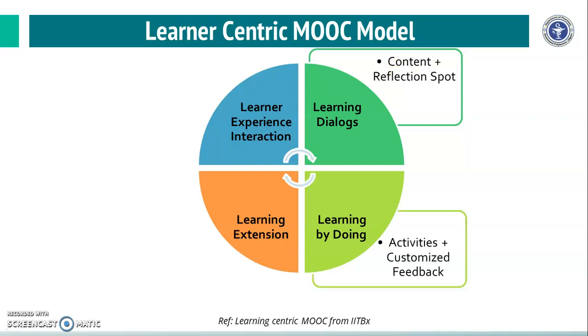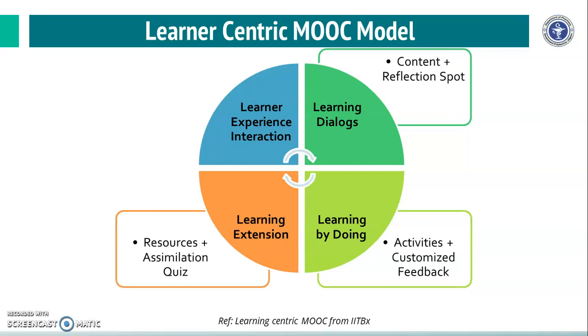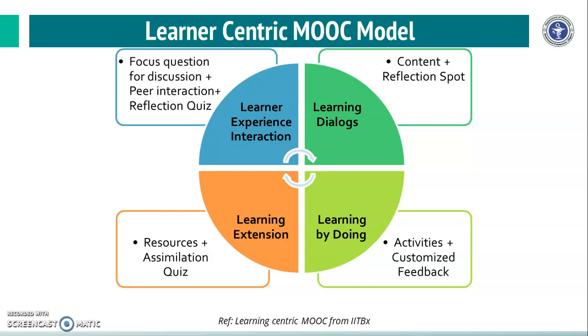Then learning by doing has activities plus customized feedback. In learning extension trajectories, we have resources plus assimilation quiz, and in learner experience interaction, we have a focused question for discussion plus peer interaction plus reflection quiz. So, we all should include all these four components in online learning to make the learning learner-centric.